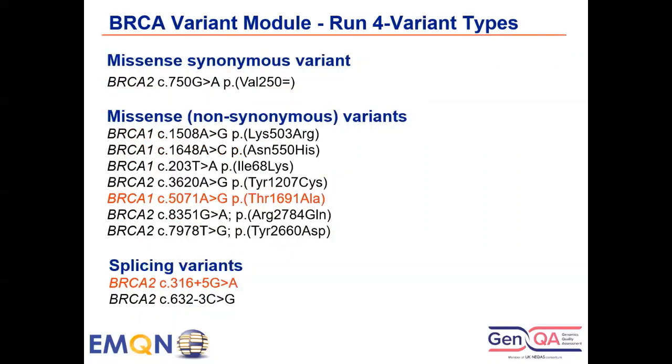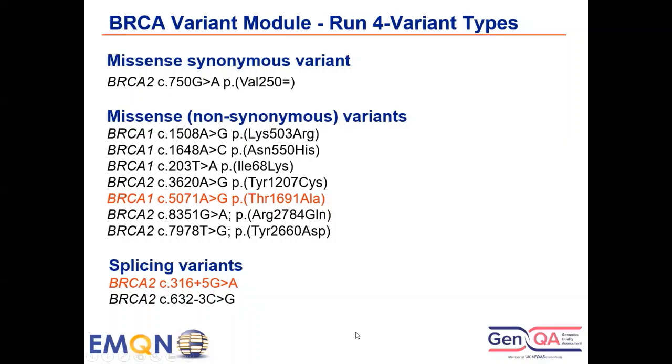The next slide lists all the missense variants, the first one being a synonymous variant in BRCA2 at c.750G>A, p.Val250Val, and then a list of non-synonymous variants which are all missense, the first one being in BRCA1 at c.1508A>G, p.Lys503Arg, and then the next one also a BRCA1 c.1648A>C, p.Asn550His.